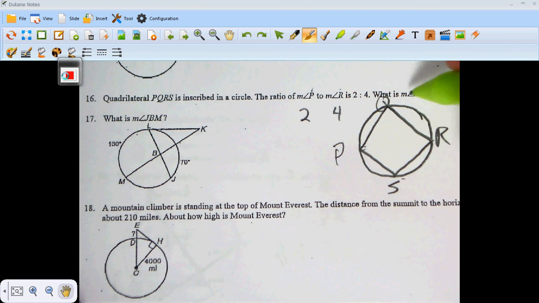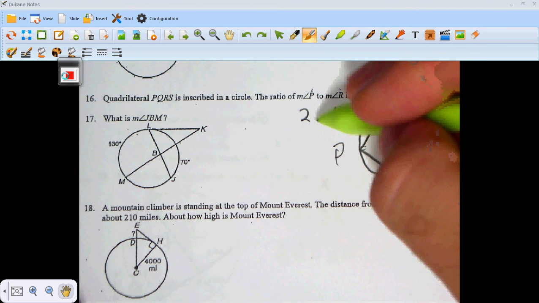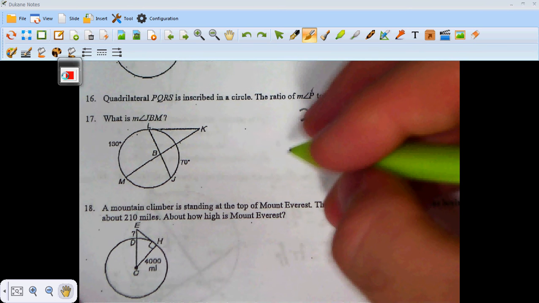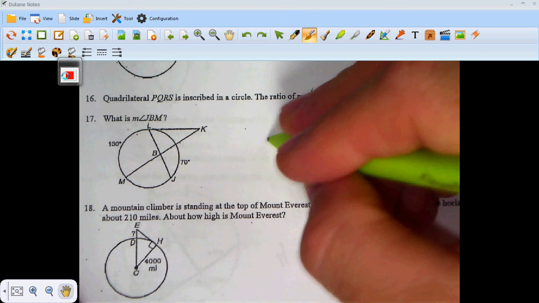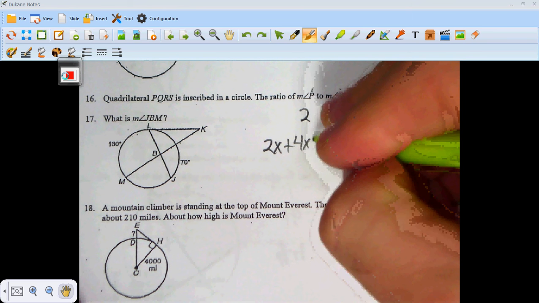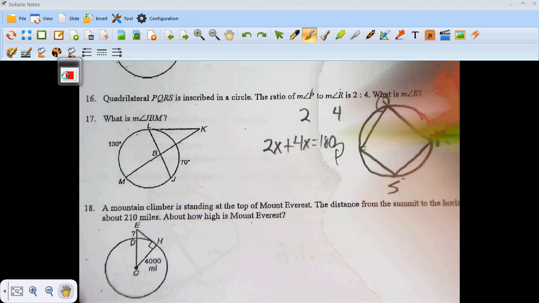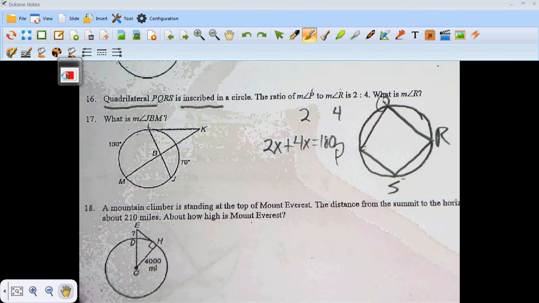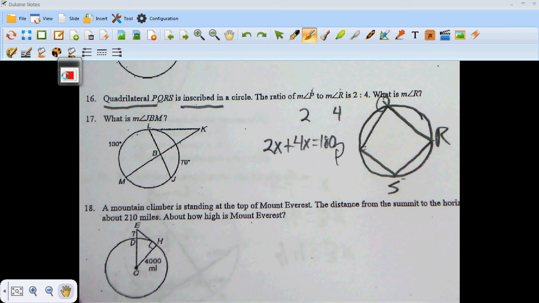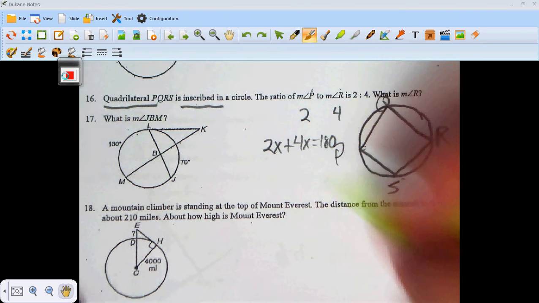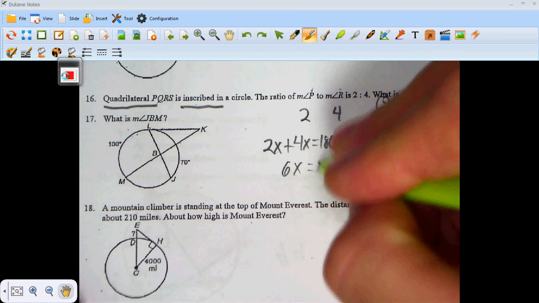Okay, so if I take 2x plus 4x, I'm going to get 180 because this is a quadrilateral inscribed within a circle. So 2x plus 4x equals 180, I have 6x equals 180.